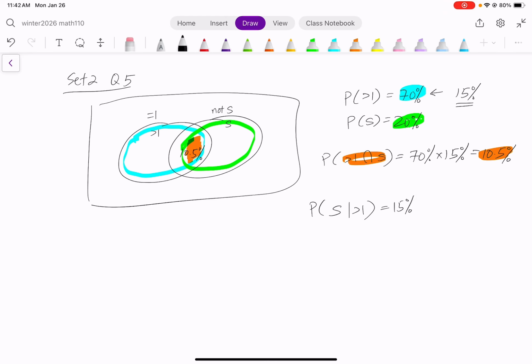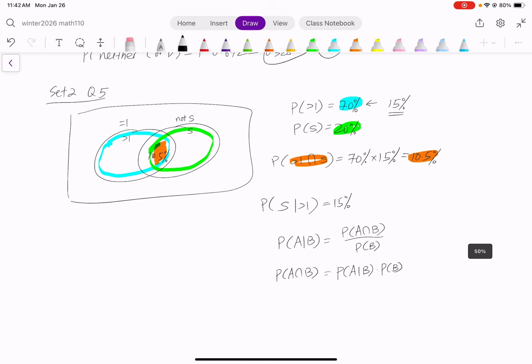And now this leads to the general formula for conditional probability, which is the probability of A given B is equal to the probability of A and B over the probability of B. Another way to look at this is that the probability of A and B, on the top, is equal to the probability of A given B times the probability of B. Now I'm going to use our example.